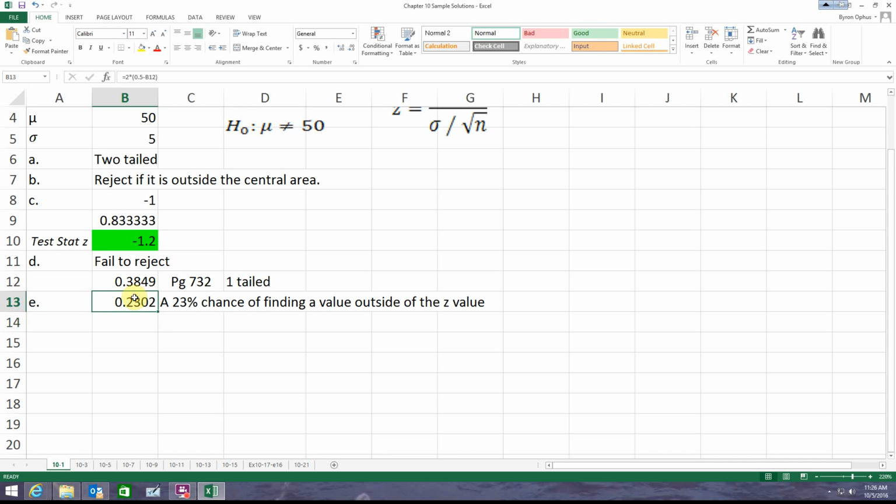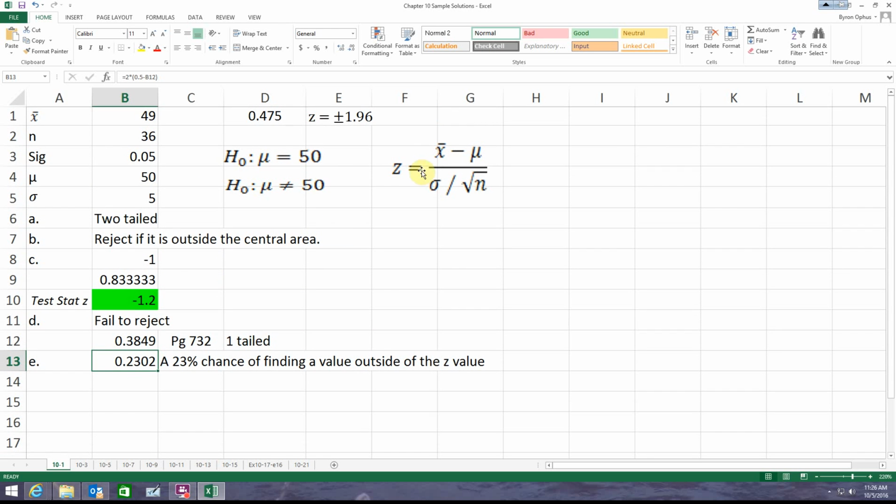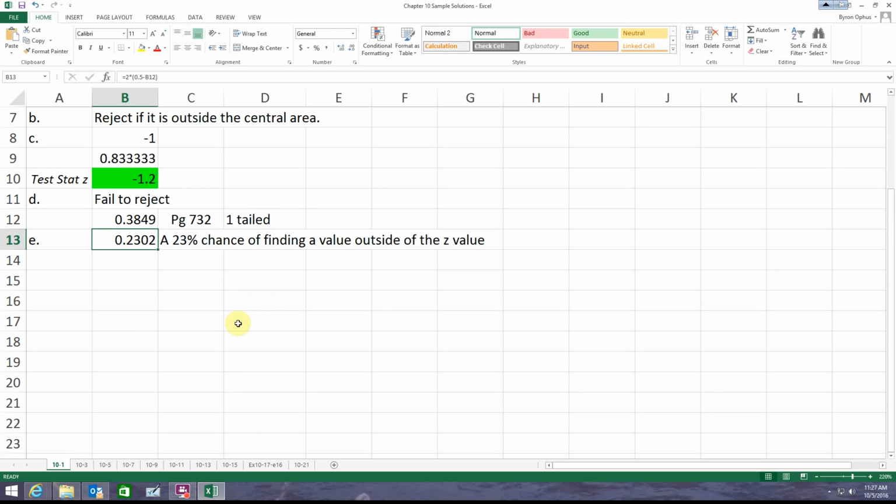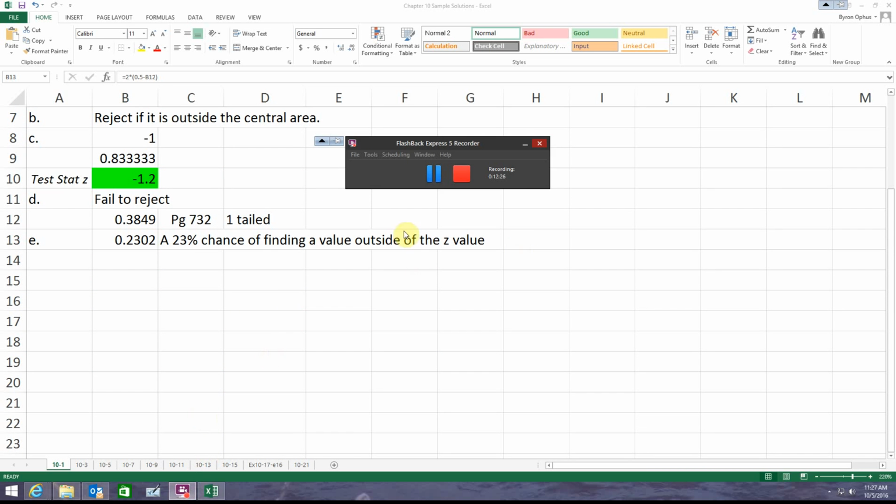And it comes up with the same thing. What that means is that there's about a 23% chance, 23.02% chance, if you want to be official, of finding a value outside of this z value. There you have it. Again, kind of complicated, and it gets worse. So, hang on.